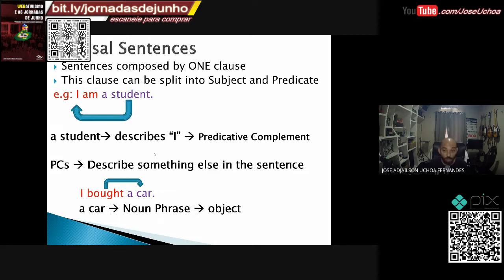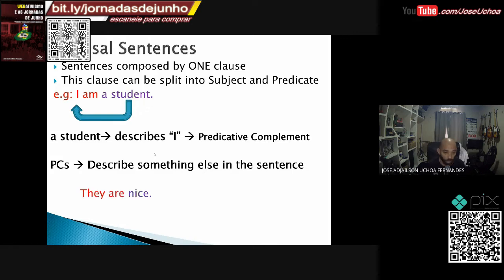Although they have similar roles in terms of syntactic analysis, they are playing a different role because a car and I, we are detached units in the world. The car has nothing to do with I except that it has suffered an action from part of I. Now, student is not suffering any action. In fact, it is the subject, again, being described.